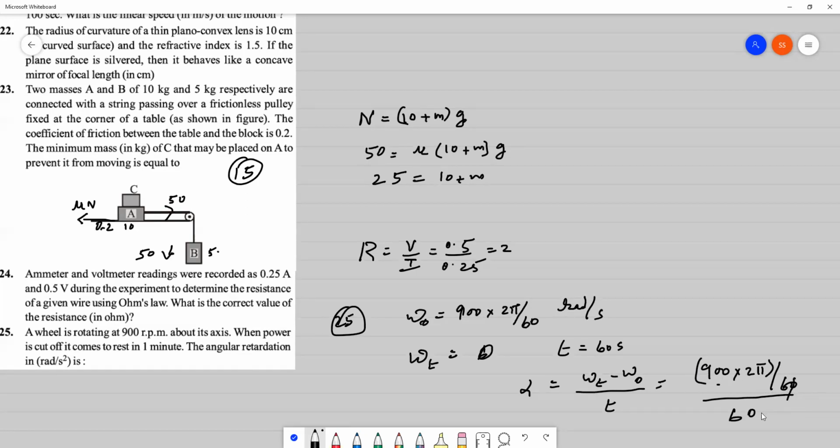So the 2 gets cancelled, and this is 18 actually. 18 and 6 cancels 3 times. So you get 18 pi by 36, which is pi by 2, equal to 1.57. So that should be the answer for this one.